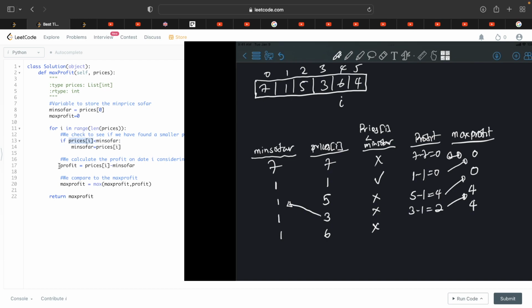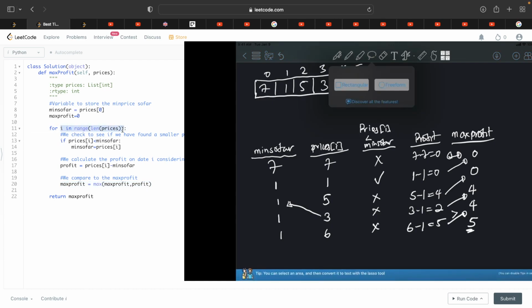Then we calculate our profit, which will be 6 minus 1, which will give us 5. Then max profit will become the larger of max profit and profit. So if you can see on the diagram, profit is larger than 4, which gives us 5. It's now 5. And then we come back here in the code.